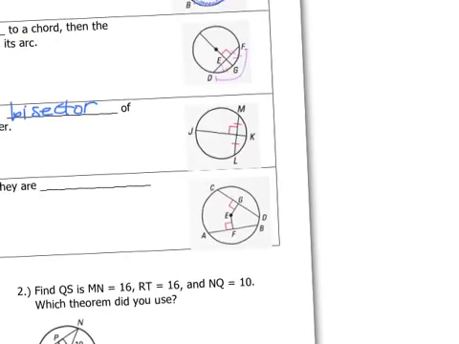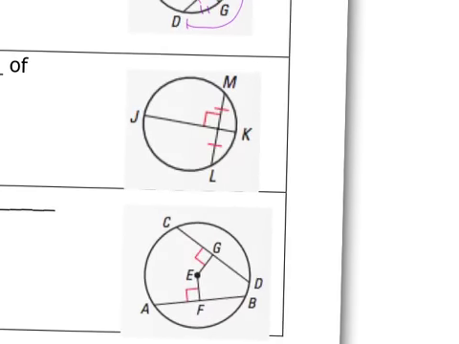What this is saying is, if you have two chords where one is perpendicular and bisecting the other one, that means this first one has to be a diameter. That would tell you that it's going through the center.